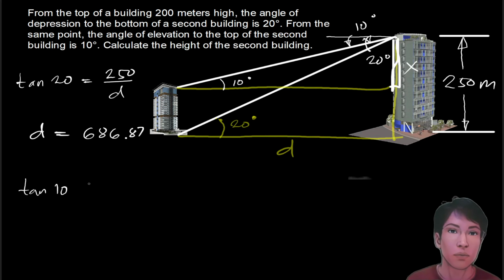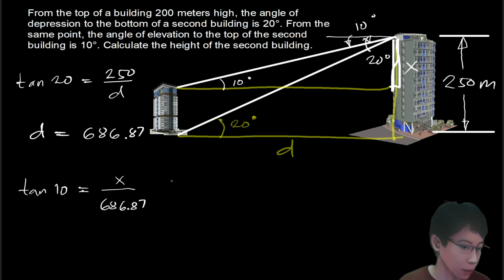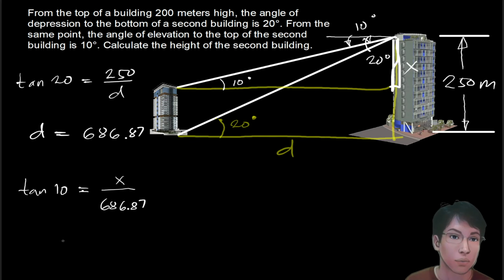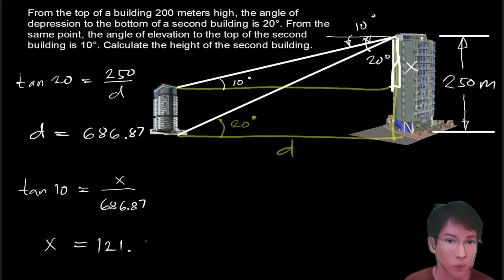Tangent 10 is equivalent to x over 686.87, and x is 121.11 meters.